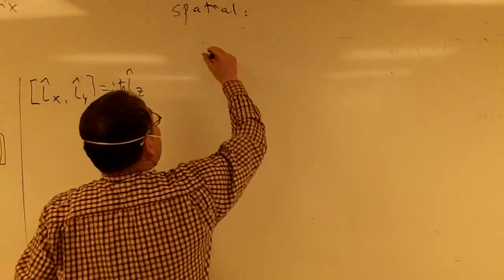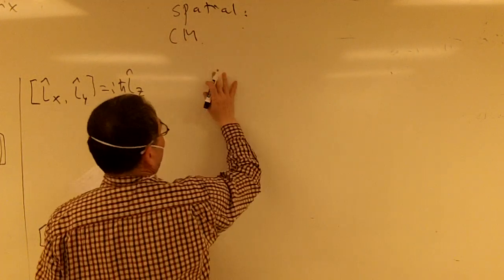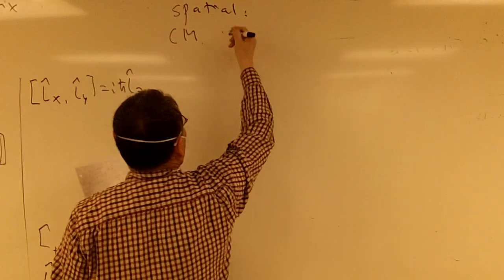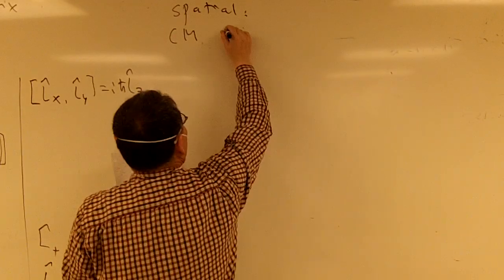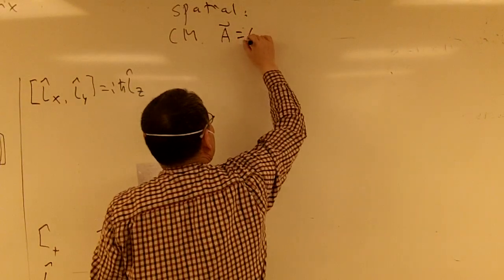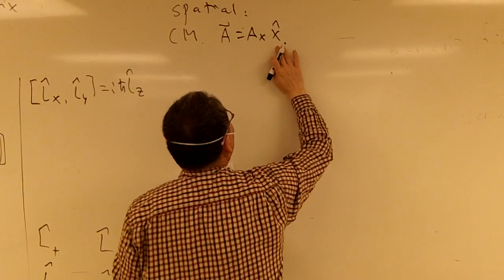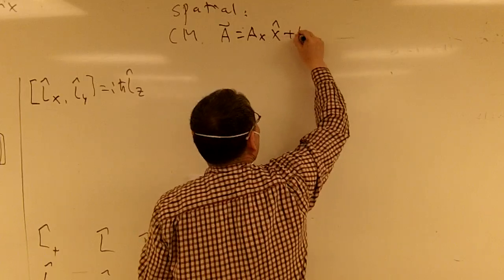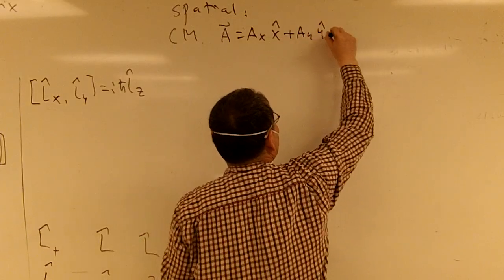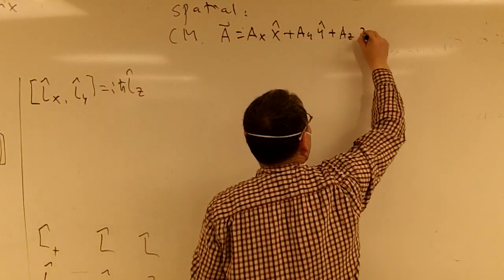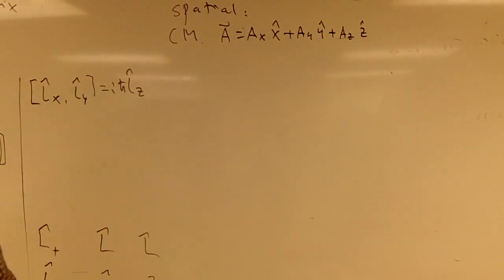Spatially, this is classical mechanics, similar in quantum mechanics, if you take these vectors, normally we have a component x hat. This is the unit vector, not an operator. A y, y hat, a z, z hat. And that is what we do in classical things.